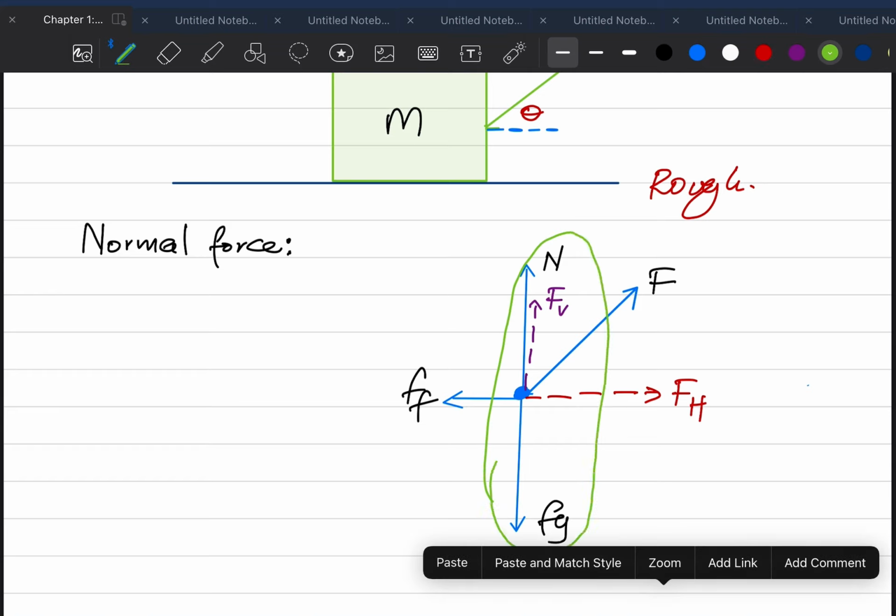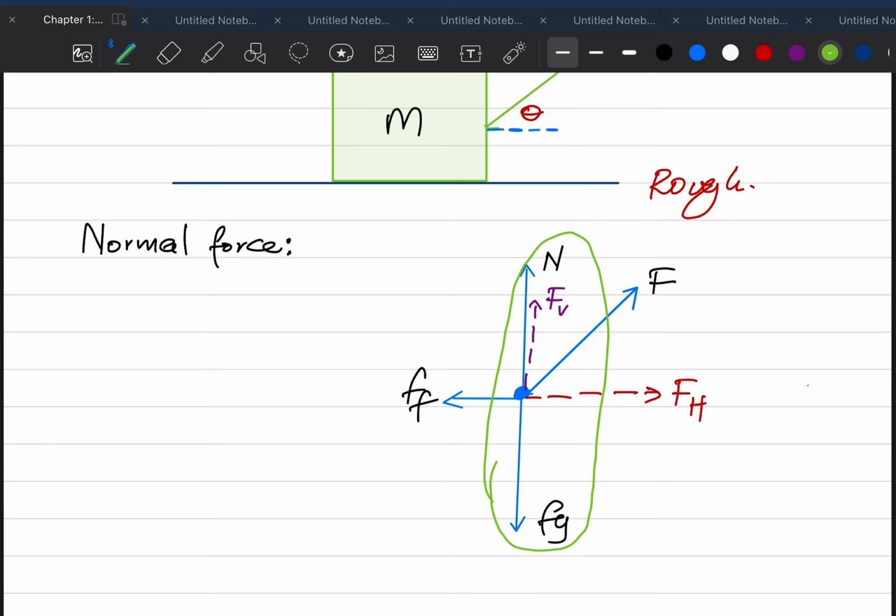Now, the forces which act vertically, how many are they? Let us count them. We're going to have force 1, which is the normal force, force 2, which is FV, and force 3, which is FG. Let's take up as positive and down as negative. So everything that goes up is positive.